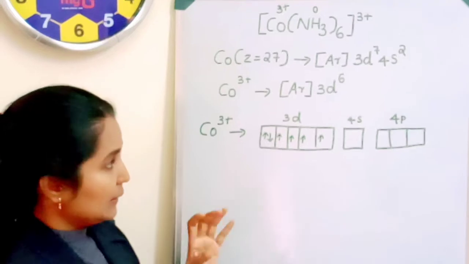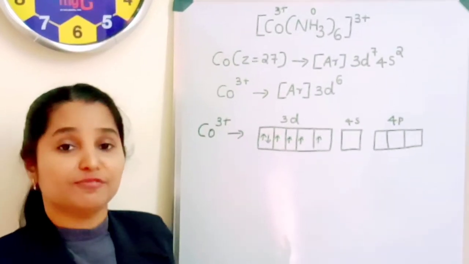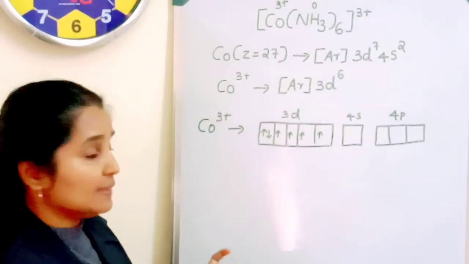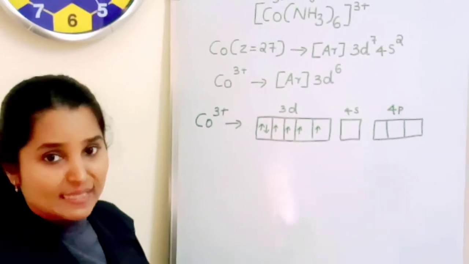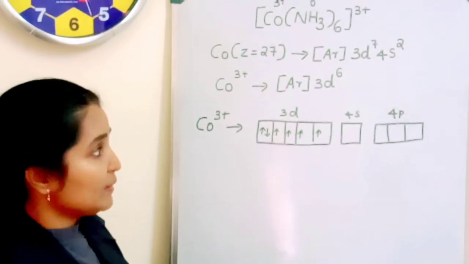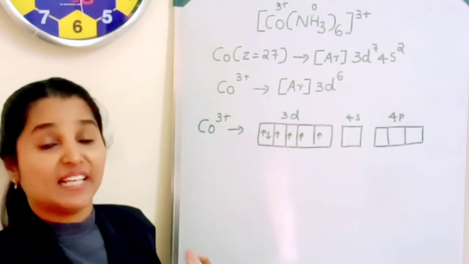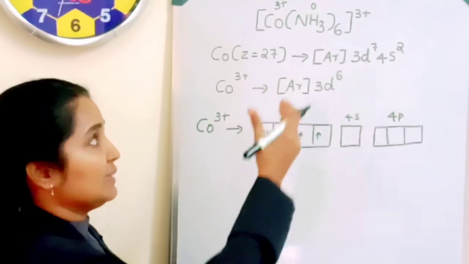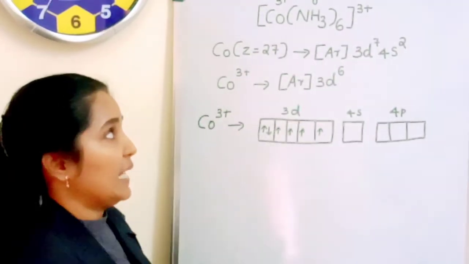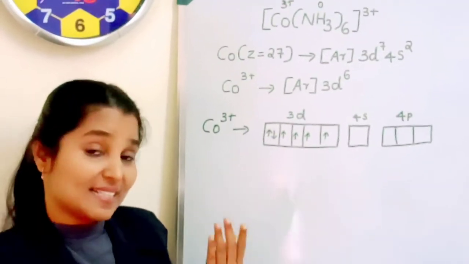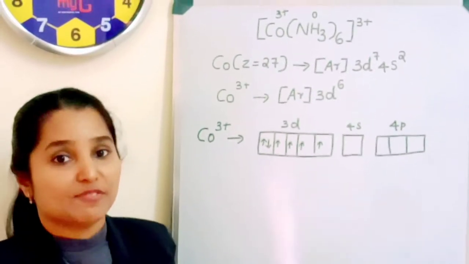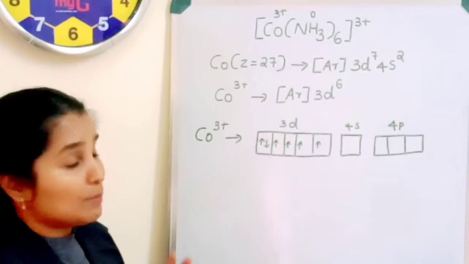Now, next step is the formation of coordinate covalent bonds between the central metal ion and the approaching ligands. What is important here is what type of ligand is approaching the central metal ion. The ligand approaching is the ammine ligand. As we have discussed in the earlier session, I introduced a few examples of strong ligands, and ammine comes in that category.